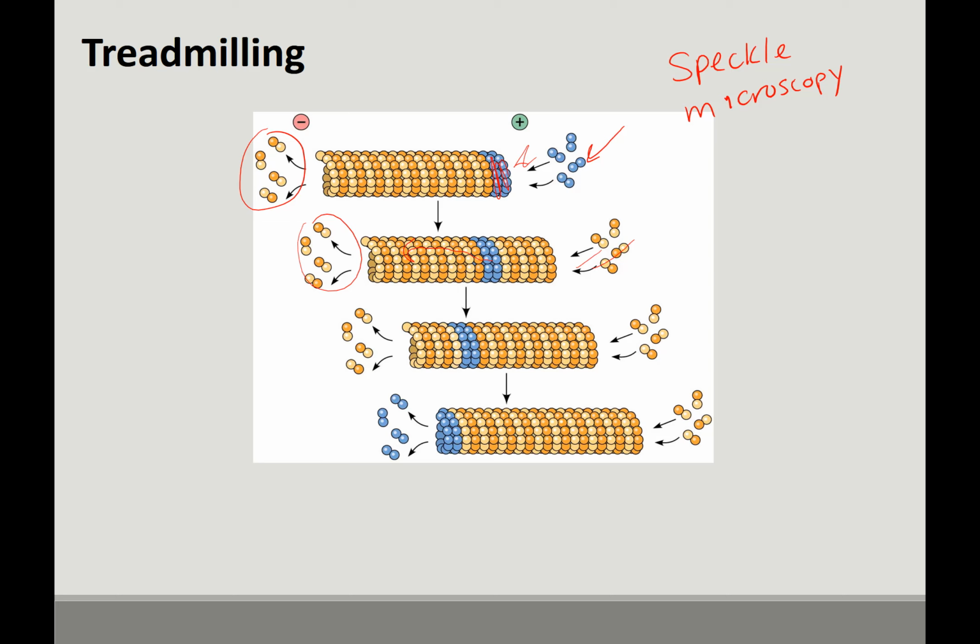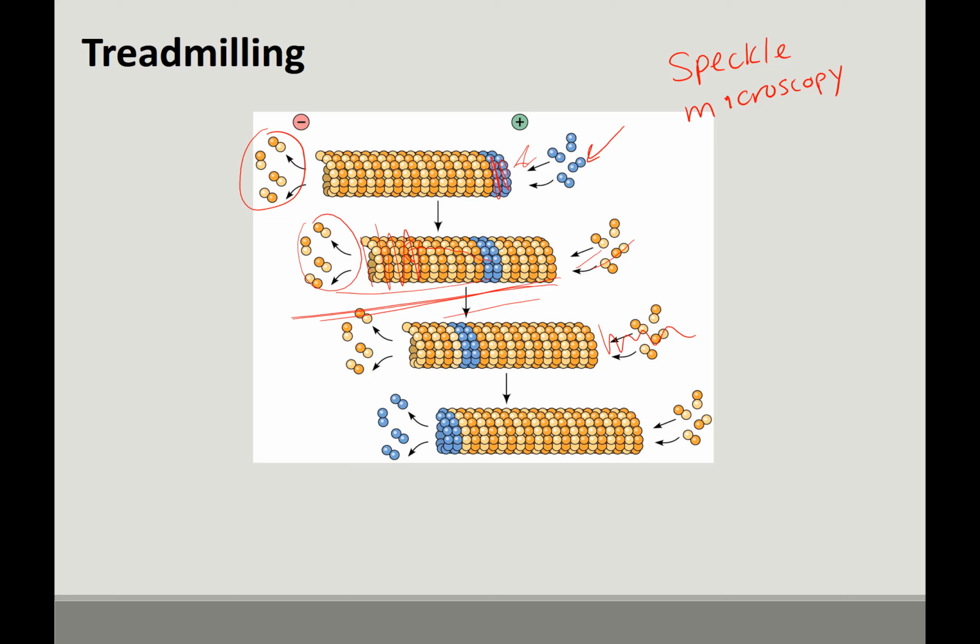So what's really happening is this end is getting shorter and this end is growing. But if you can imagine, if you've ever been on a treadmill and that track, I don't know what you call that thing that you walk on, goes below your feet like this, continuously. So treadmilling is a way we can look at that dynamic nature of microtubules.